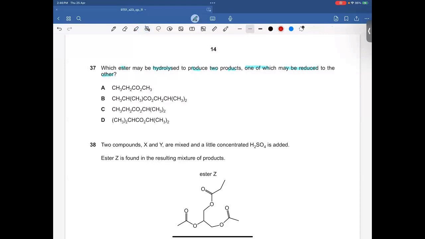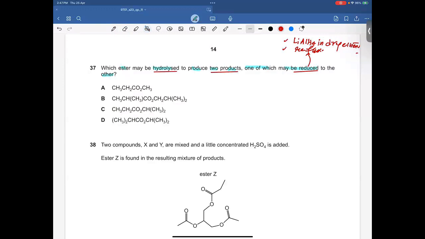For reduction, I need the reducing agent. So it must be lithium aluminum hydride and dry ether. And obviously, in order to reduce that particular product, I need reflux conditions as well, or heat under reflux. Okay. We need two products, and these two products are obtained through hydrolysis, right?